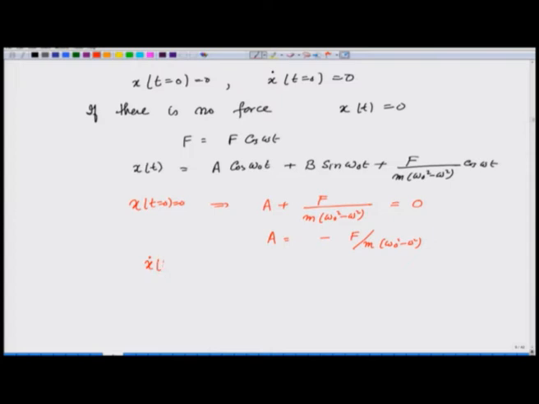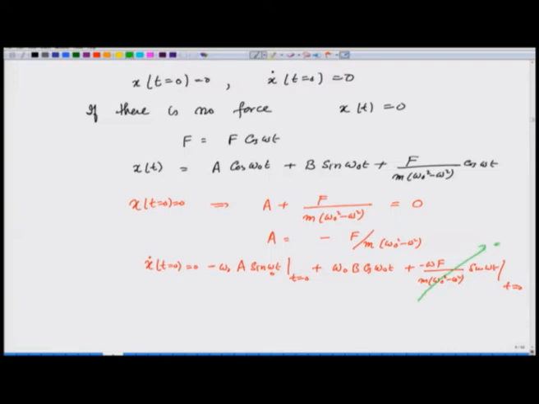x dot at t equal to 0 is 0. It gives me a sine of omega 0 t at t equal to 0, with a minus sign, plus omega 0 b cosine of omega 0 t plus omega F over m (omega 0 square minus omega square) sine of omega t at t equal to 0.